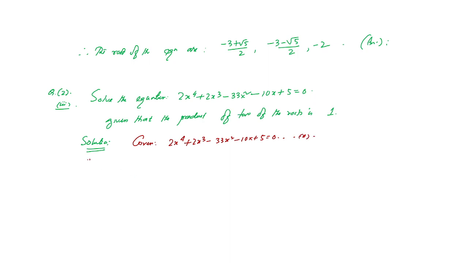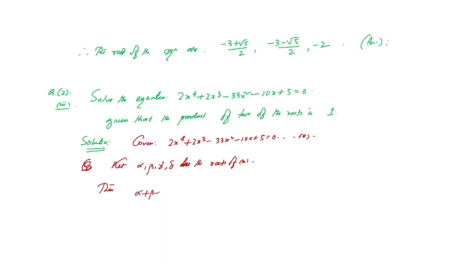So since this is an equation of degree 4, we consider it has 4 roots. Let alpha, beta, gamma, delta be the roots of star. Then what should be the relation between roots and coefficients?